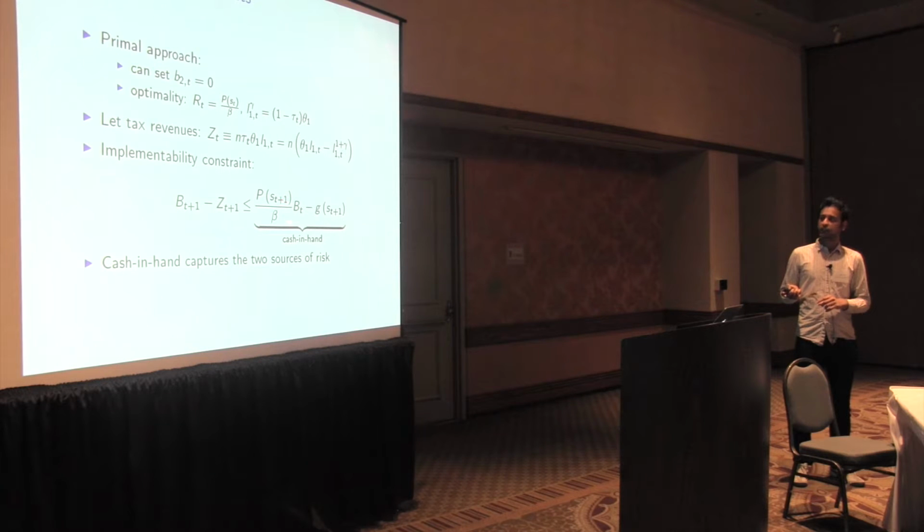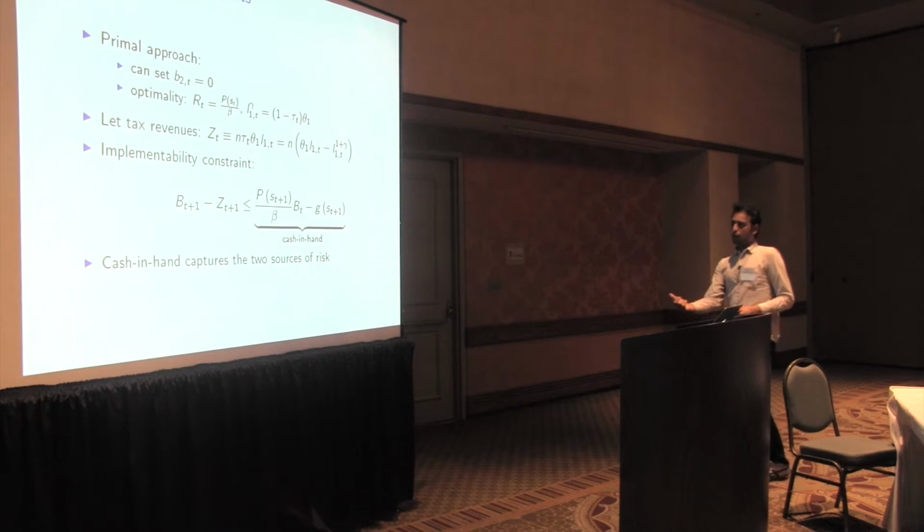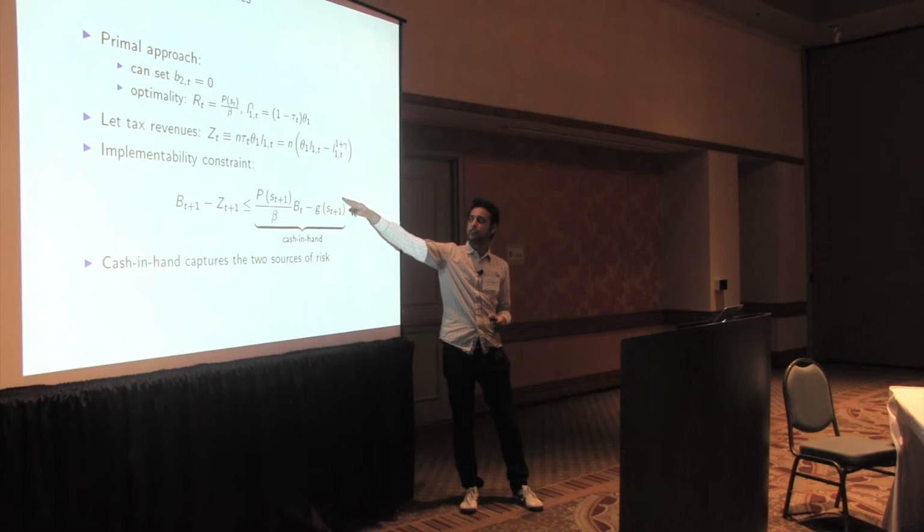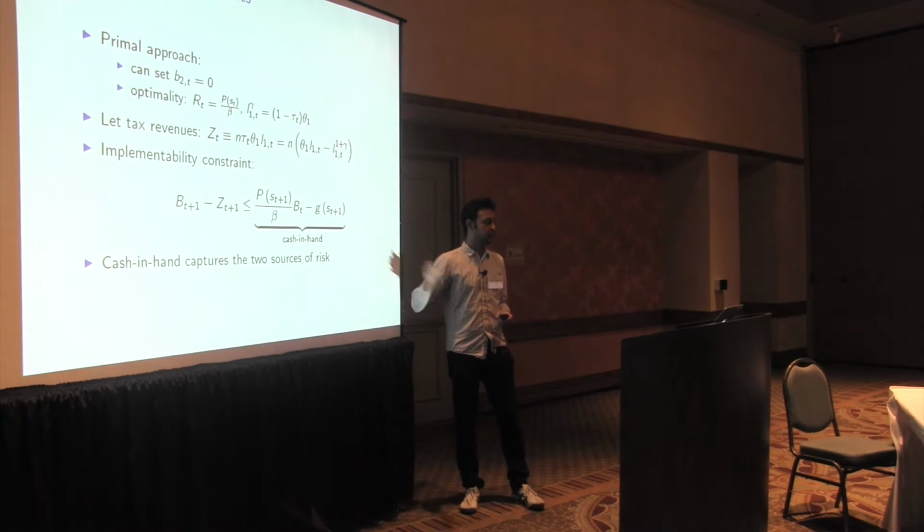B times P divided by beta, which is the total returns from previous holdings, minus G of S_{t+1}, can be thought of as cash in hand. You come in with some returns, and that's the only place where exogenous shocks happen. So what this shows you is that there are two sources of risk. There are fluctuations in G and fluctuations in P, which affect how much cash in hand the government has.